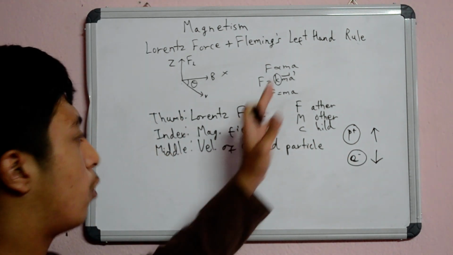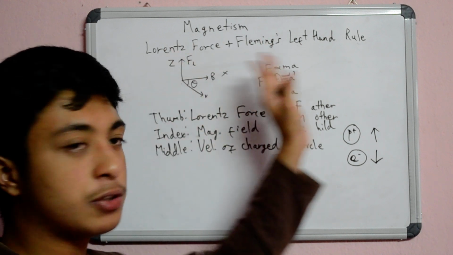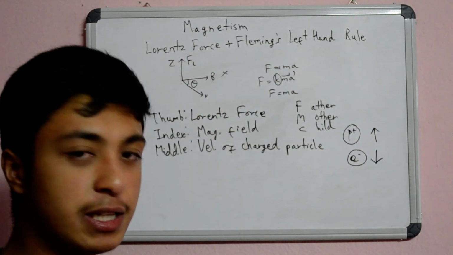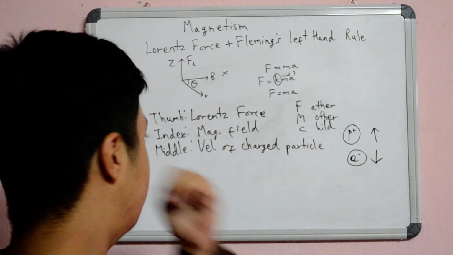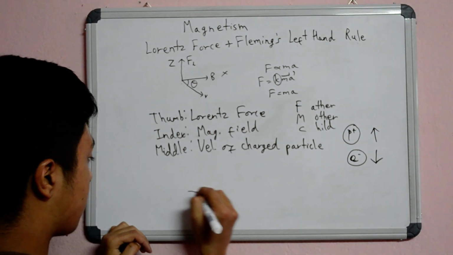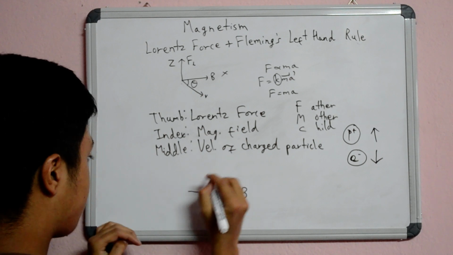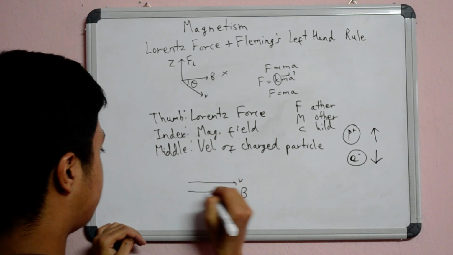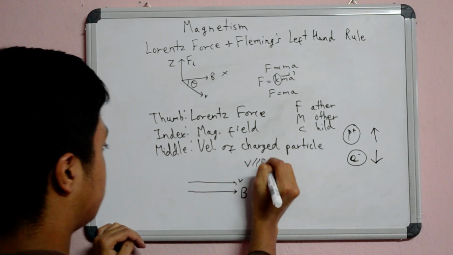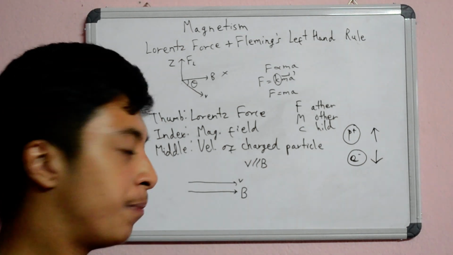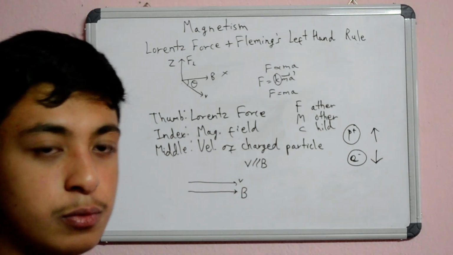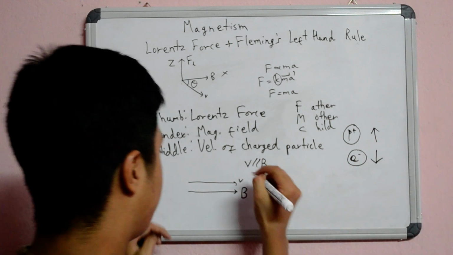And here I would also like to talk about the trajectory of the velocity, depending on its angle to the magnetic field. So let's say the magnetic field goes like this, and here let's say the velocity also goes like this, which is parallel to the magnetic field. Well, here the trajectory of the velocity will be a straight line.